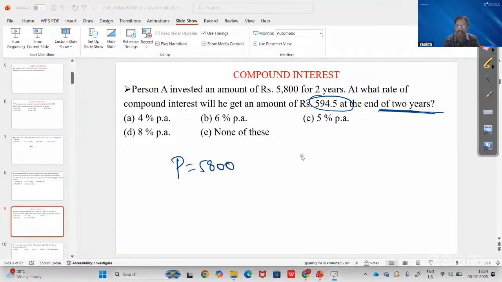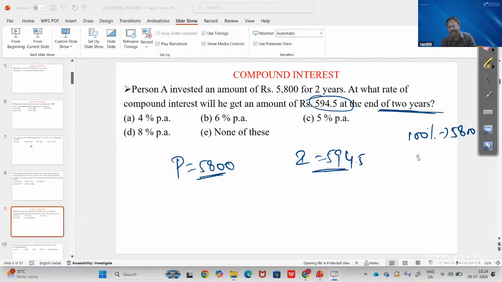What is the interest I am getting? 594.5. What is the rate of interest of 594 in 5,800? If 100 percentage equals 5800, then 10 percentage equals 580. But 594 is more than 10 percentage, nearby 10%.